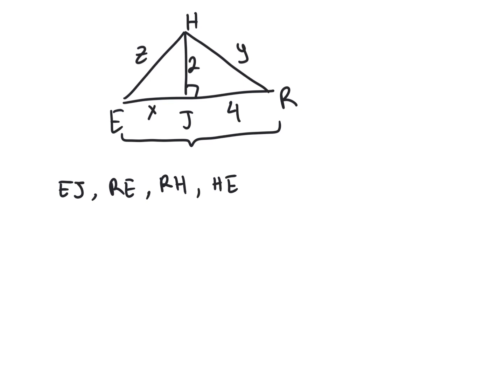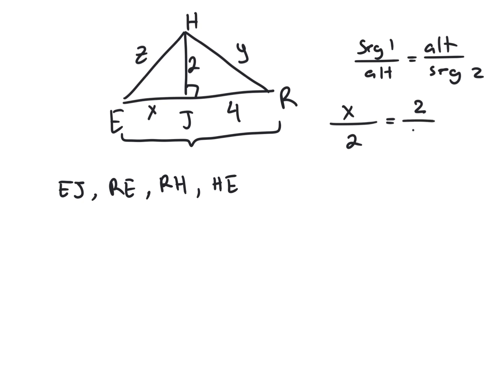Now, plugging that in, I'm going to solve for X first by doing the segment 1 over the altitude equals the altitude over segment 2. So segment 1 is X. So X over the altitude, which is 2, equals 2 over the other segment, which is 4.